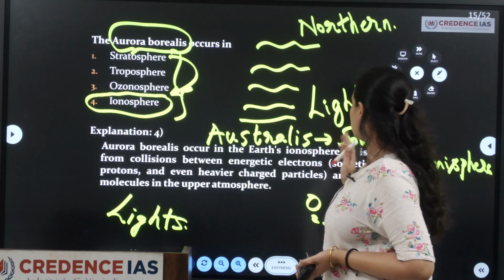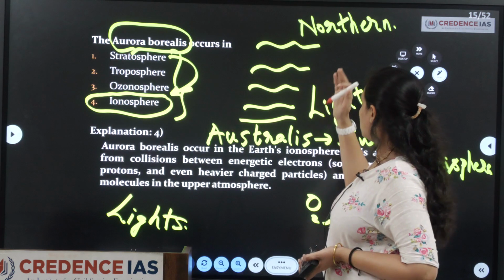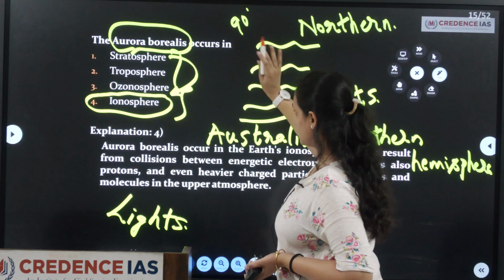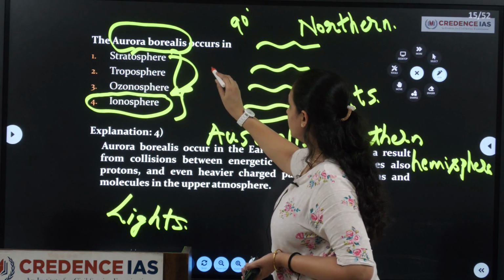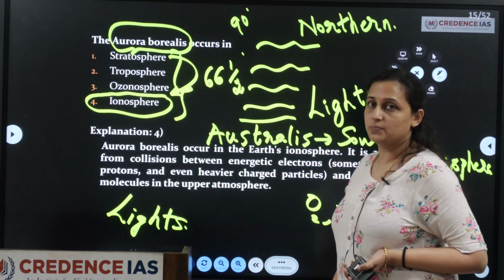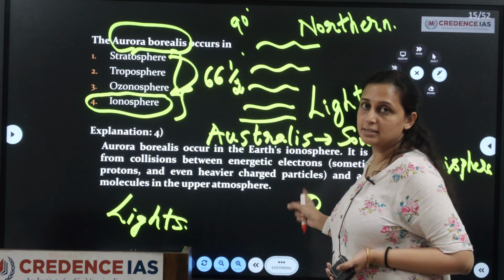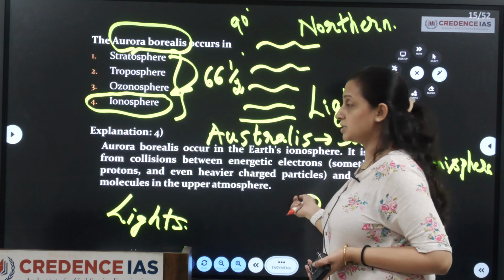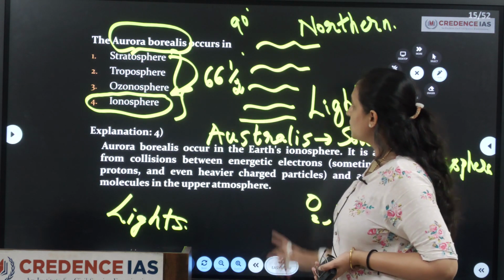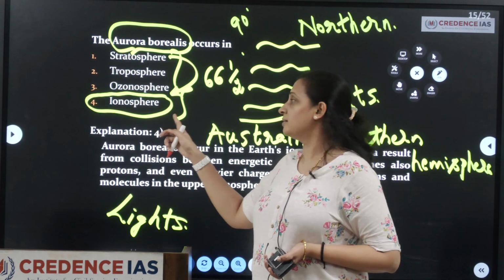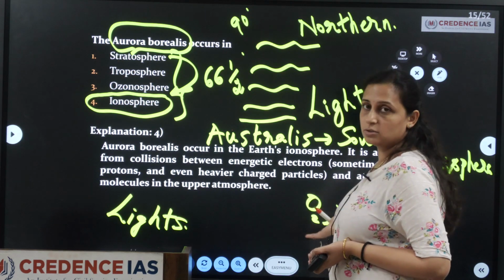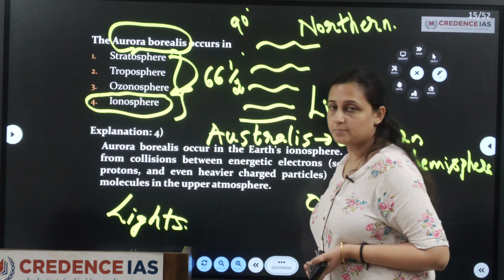Now they occur near the north pole as well as the south pole, but not exactly at the 90° north pole and 90° south pole. Usually they occur at polar latitudes of 66.5 degrees north and south. Okay. So northern lights and southern lights, aurora borealis and aurora australis, occur in polar latitudes of 66.5 degrees. And they occur in the ionosphere where there are magnetic particles, charged ions. They interact with the oxygen and nitrogen of the atmosphere and form lights.